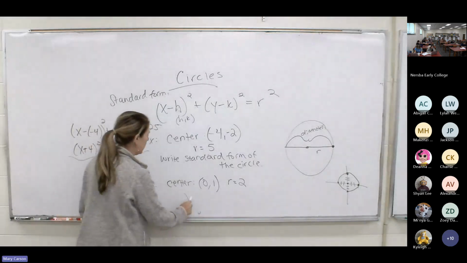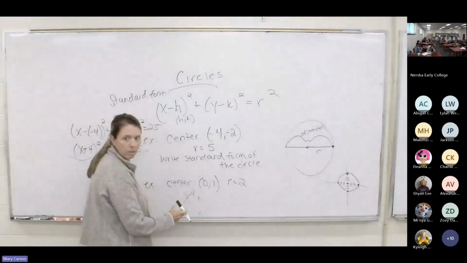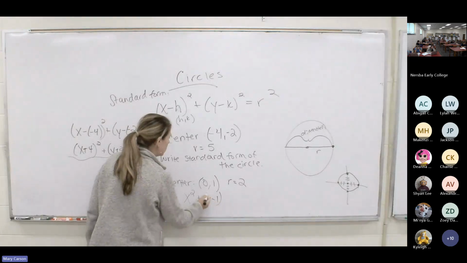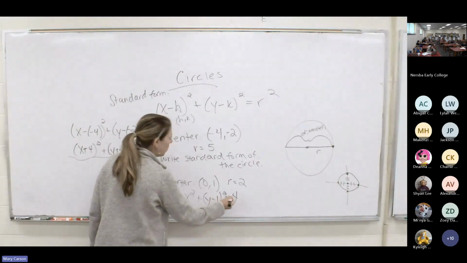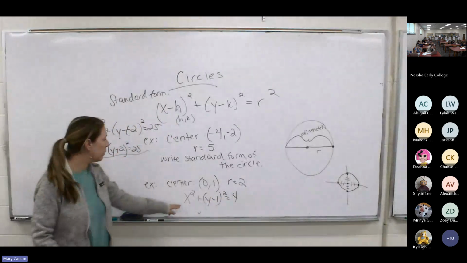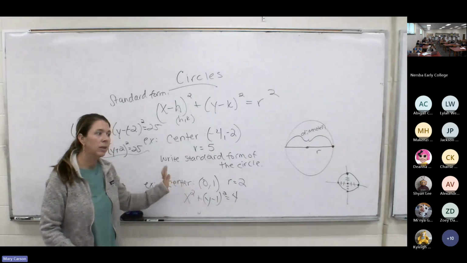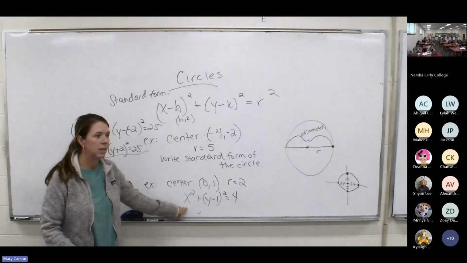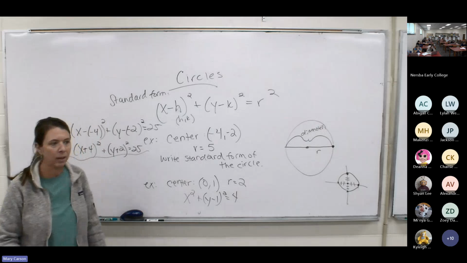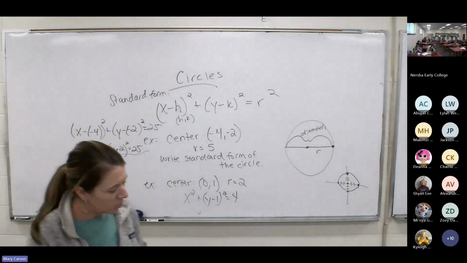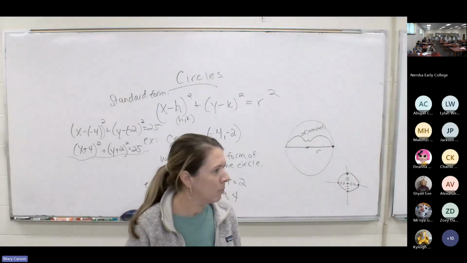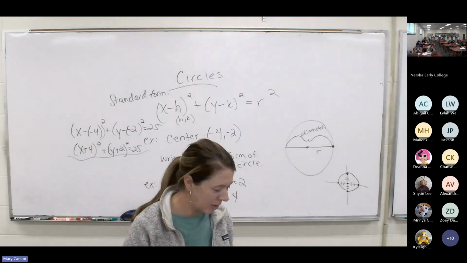All right, Casey said x squared plus y minus 1 squared equals 4. Perfect. Now, if you wanted to write x minus 0 and put that in squared, that is fine, but just know this means the same thing, okay? Everybody get that? All right, so you might think, oh, circles are so easy, right? They feel pretty easy. Well, they get a little bit more difficult, okay?